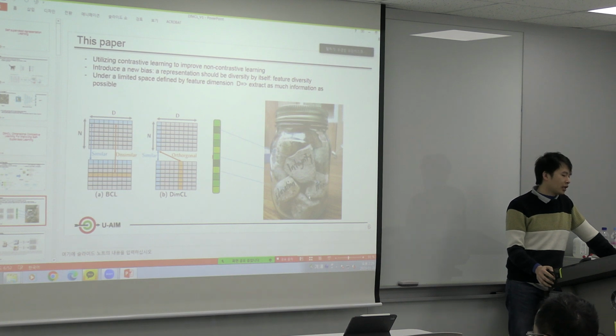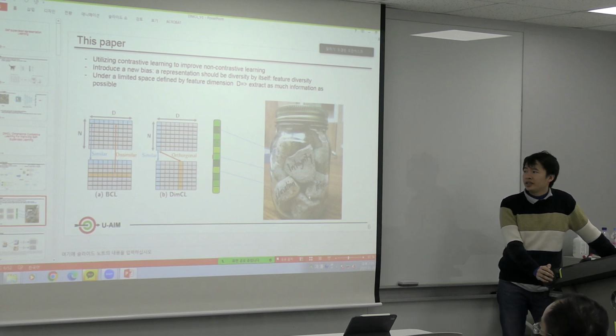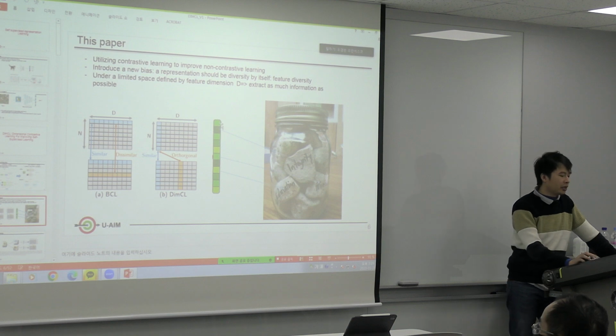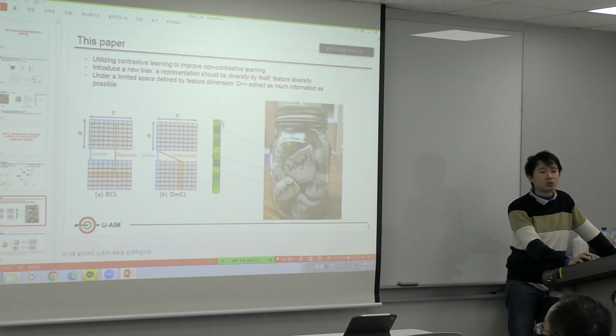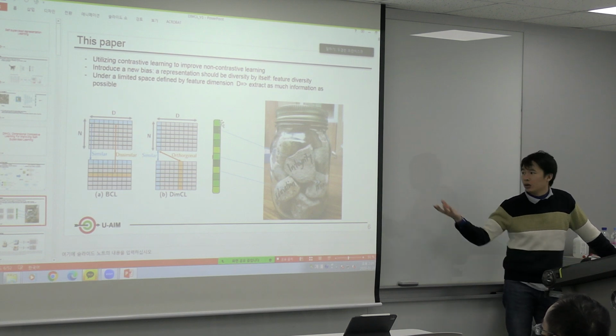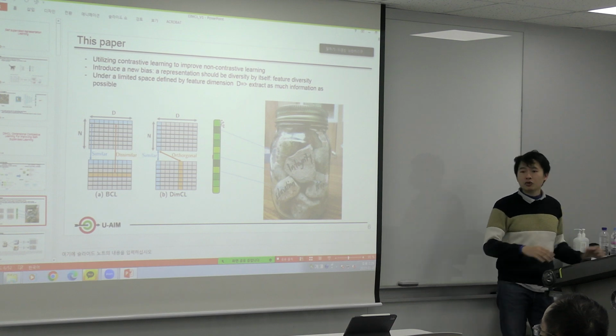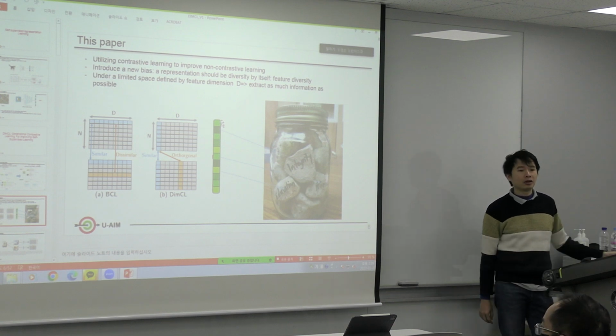One idea is that every piece of information contained in the representation vector should be different from each other, or linearly independent of each other, so that our feature vector will become full of information about the input image.